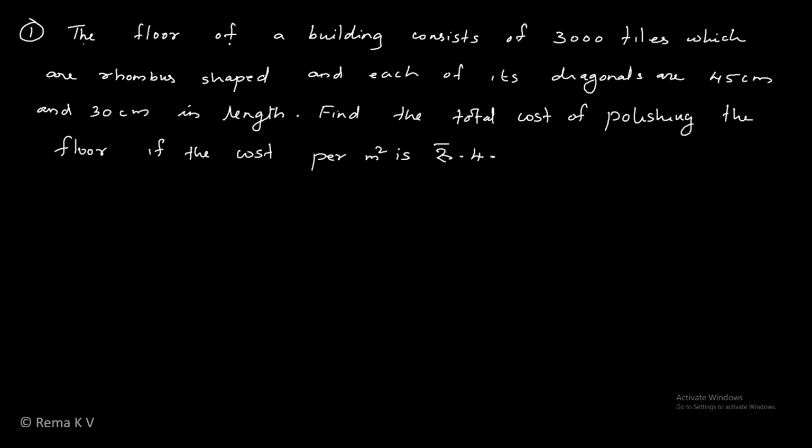See, the floor of a building consists of 3000 tiles which are rhombus shaped and each of its diagonals are 45 centimeter and 30 centimeter in length. So each tile is in the shape of a rhombus and the measurement of their diagonals are given as 45 centimeter and 30 centimeter.